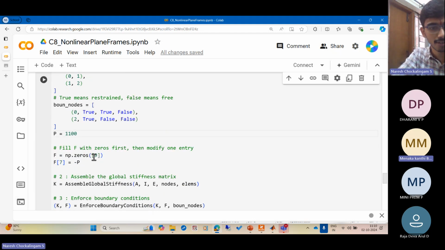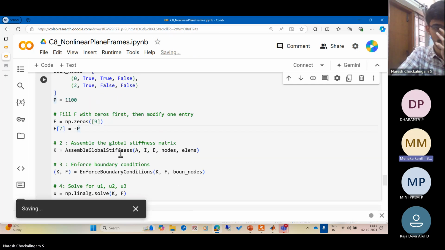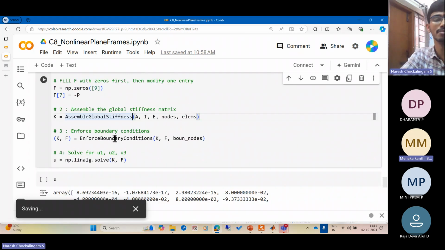So what are the forces? F initially we'll fill with zeros. It has 9 degrees of freedom, and at the 7th point we're applying minus P. So that's also correct. Here we are not directly going to assemble the stiffness matrix.